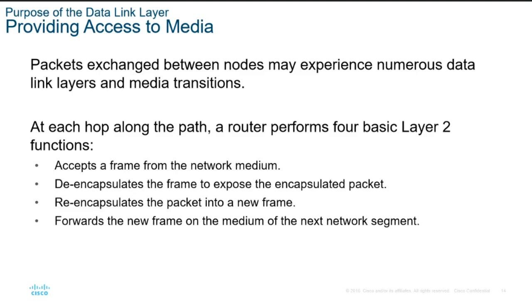So at each hop along the path, a router performs 4 basic layer 2 functions. It accepts a frame from the network medium, then de-encapsulates the frame, exposes the encapsulated packet, then re-encapsulates the packet into a new frame, and then forwards the new frame on the medium of the next network segment. So ang layer 2 kasi, o yung data link layer, nag-encapsulate siya ng frame.